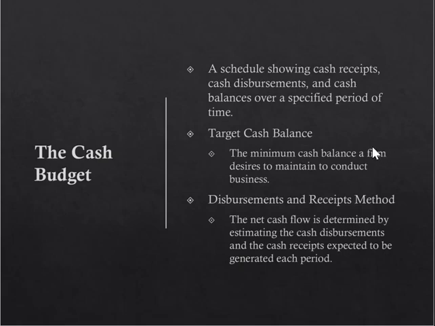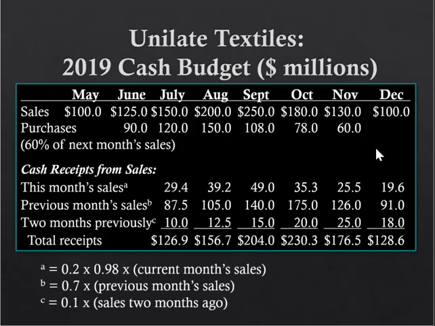So let's take a look. Let's walk through Unilate's cash budget. Here's Unilate's cash budget based upon the financial statements. You've got sales in these periods, May through December. What we've assumed is purchases of inventory and other raw materials need to be done about 30 days in advance, and they're about 60% of the next month's sales.